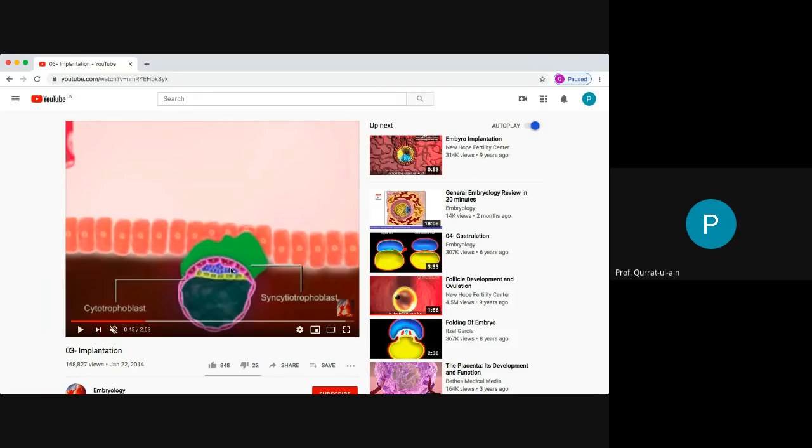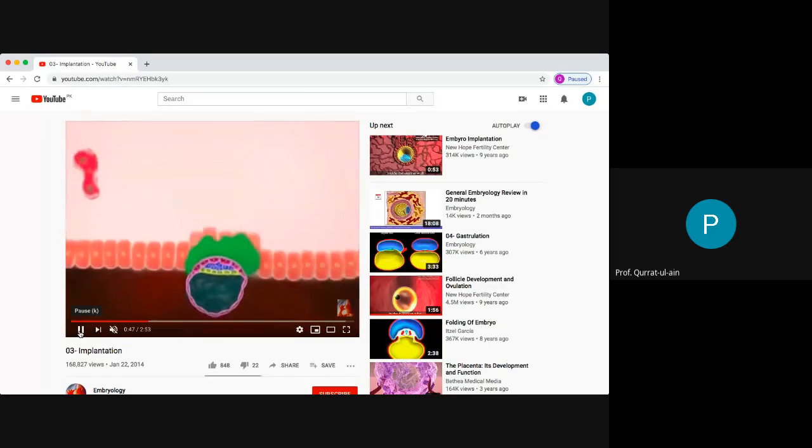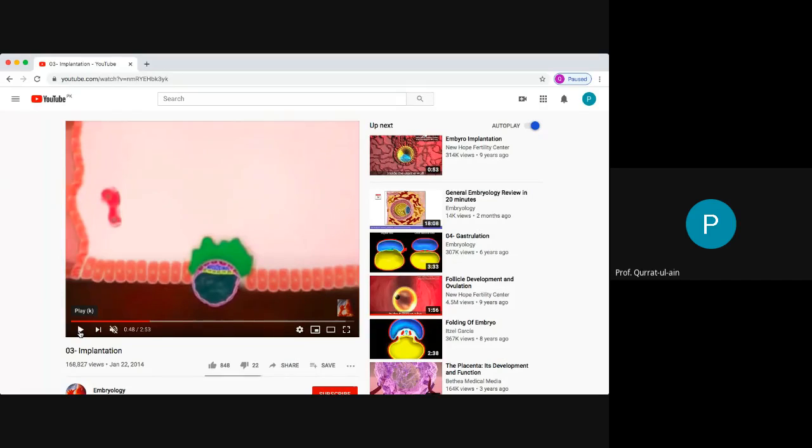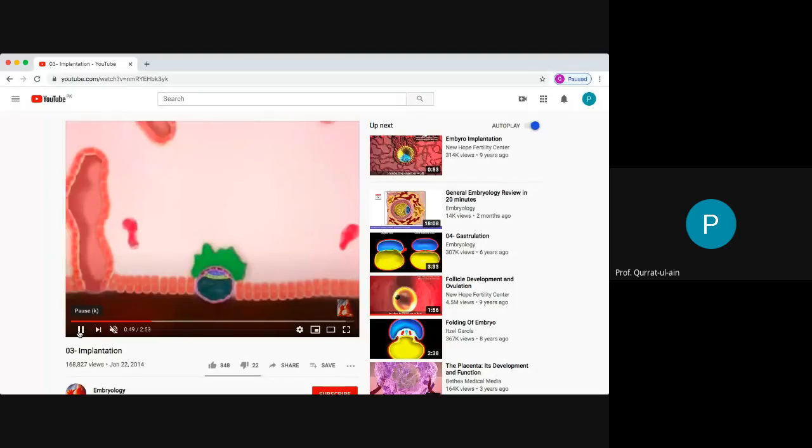There is embryoblast with the inner layer of embryoblast known as hypoblast, and this is the blastocyst cavity. Now, see, it is dragging and taking the blastocyst inside the endometrium, and the size of the syncytiotrophoblast is also increasing. It will cover all around ultimately.